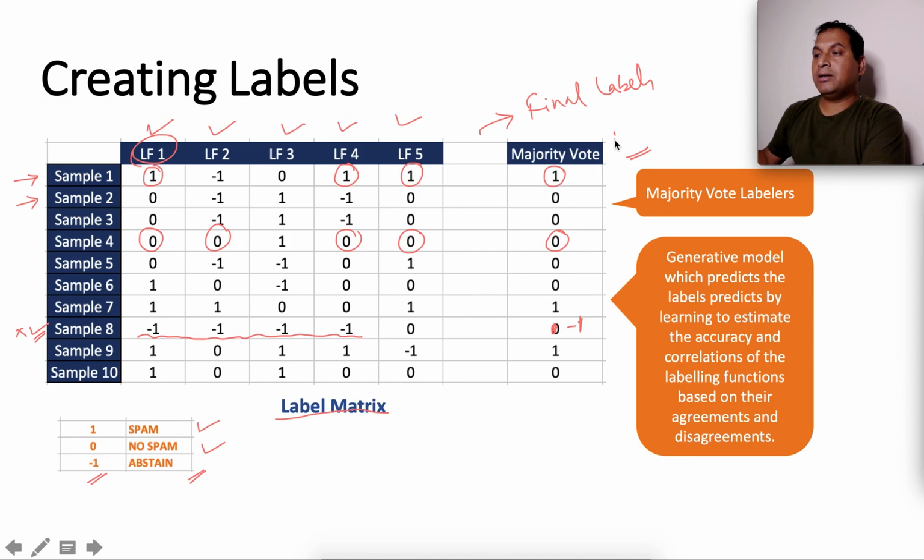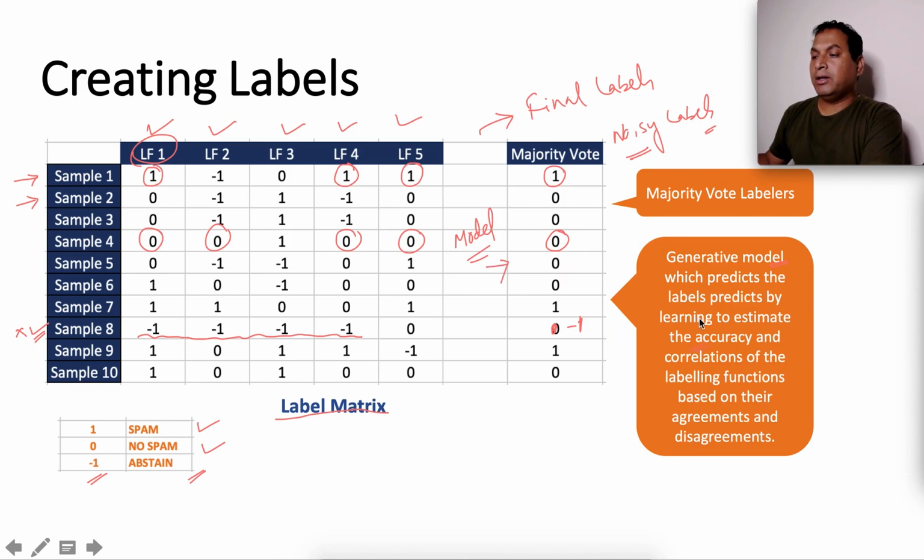And these are primarily noisy labels. They may be accurate or they may not be accurate. But there's another approach called a generative model. We can actually use a generative model to predict these labels.